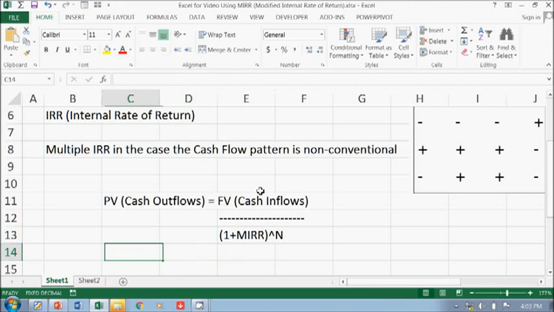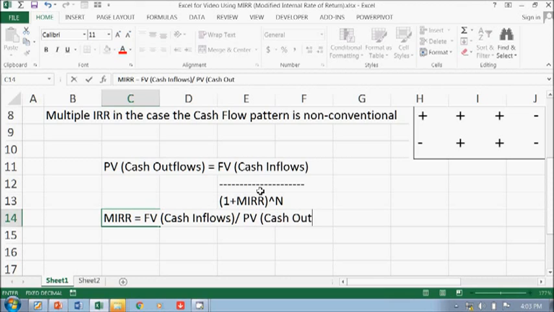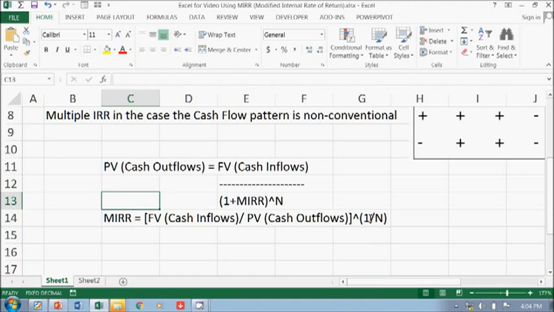Okay, so you can say that MIRR is the future value of cash inflows divided by the present value of cash outflows, and then you raise it to the power of 1 divided by n periods. Okay, so this is how.